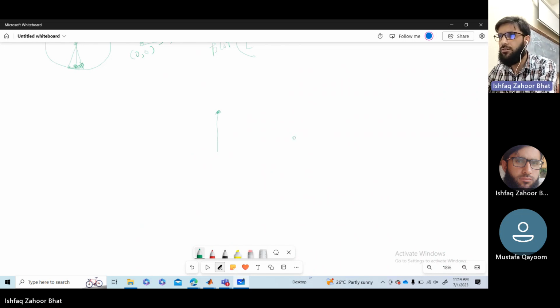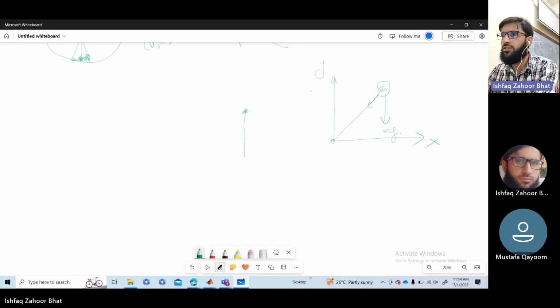This was our x-axis, this is our y-axis, and this is our mass. There was mg in this direction, and some tension in this direction. Let us assume that at this instant the mass is moving with some velocity v.